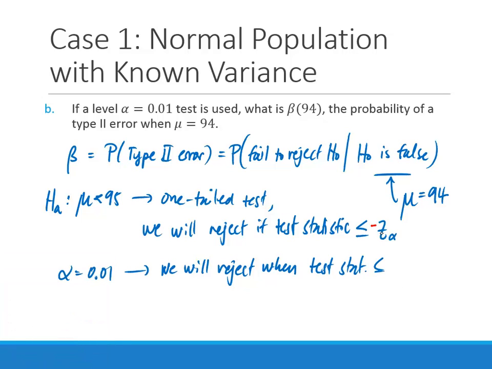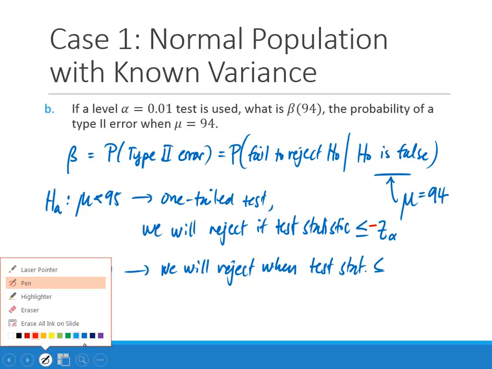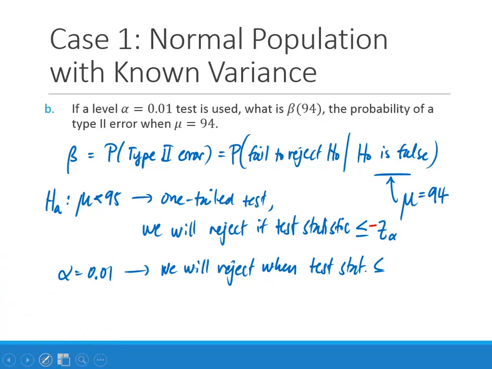I wanted to have a negative sign in there on that previous line. So I want to reject when my test statistic is less than negative z.01, which is negative 2.33.